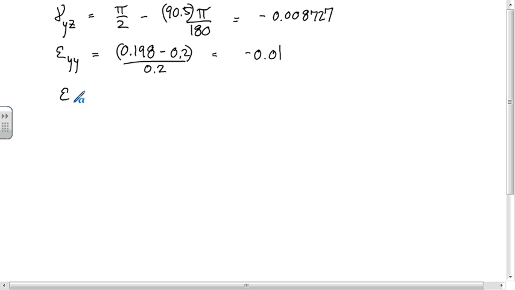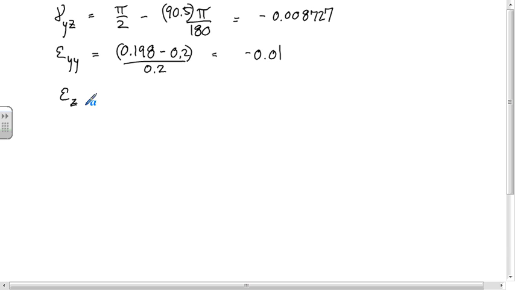And if you ever forget that, and a nuclear attack has ruined all the computer infrastructure and you can't look it up, just remember that when something gets longer, the normal strain is positive, right? So that difference in the numerator has to be positive if the thing gets longer. You know what I mean?